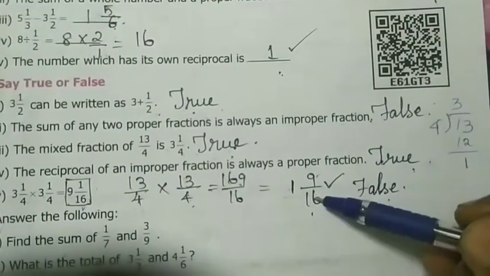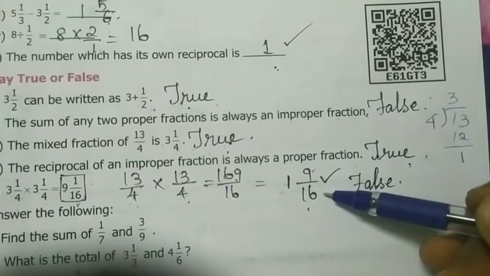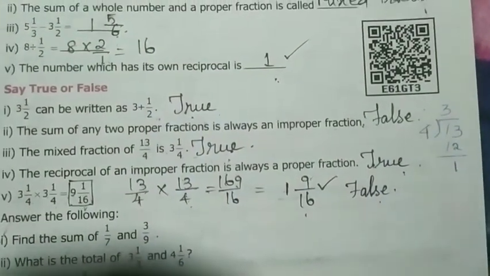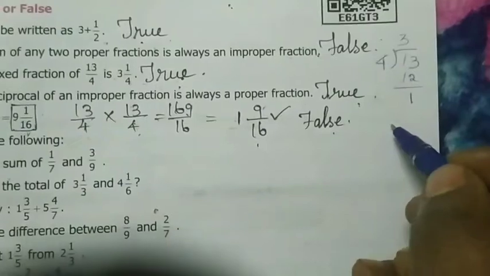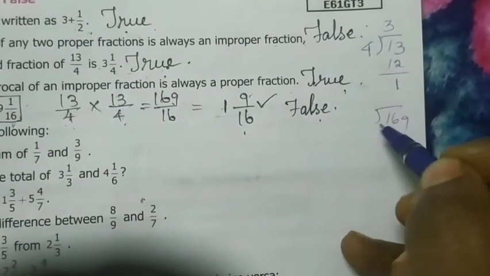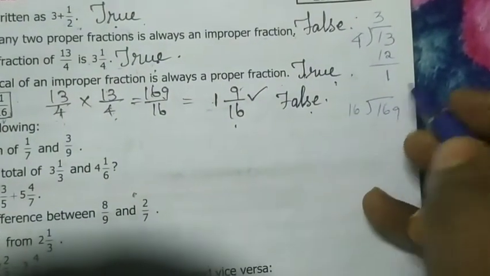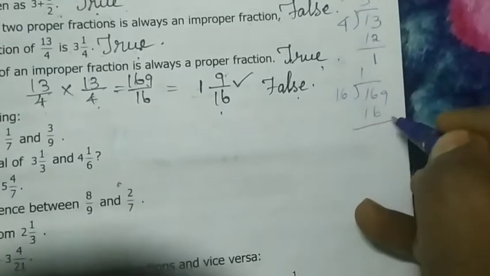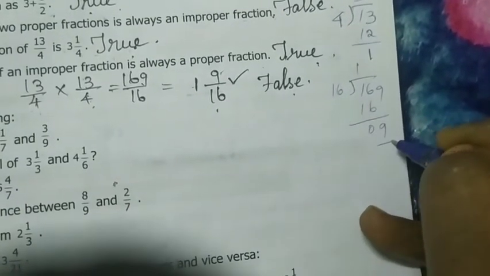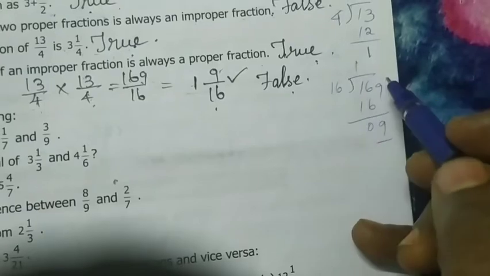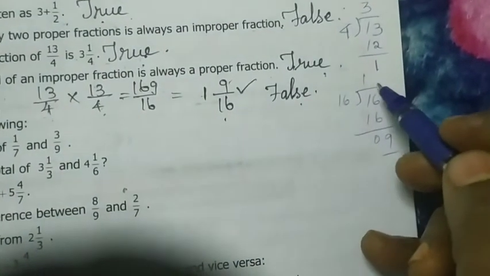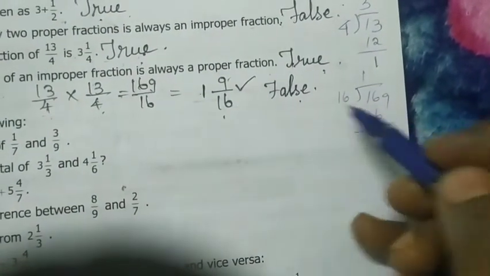You need to find the number in mixed fraction. How can we find this? 169 is divided by 16. 1 16 is 16, the remaining is 9. Therefore the numerator is 9, the whole number is 1, and the denominator is 16.